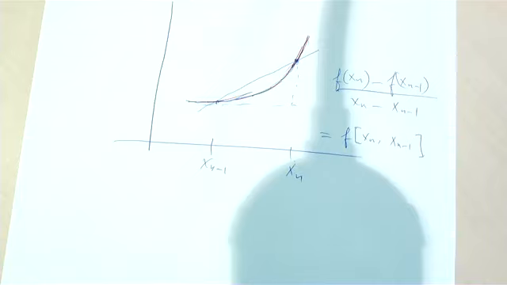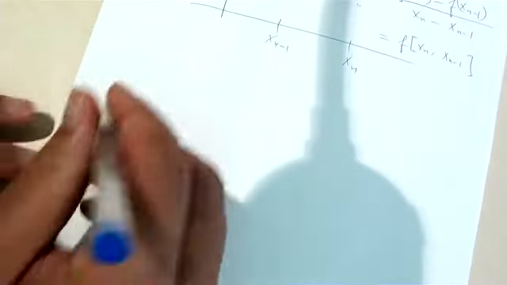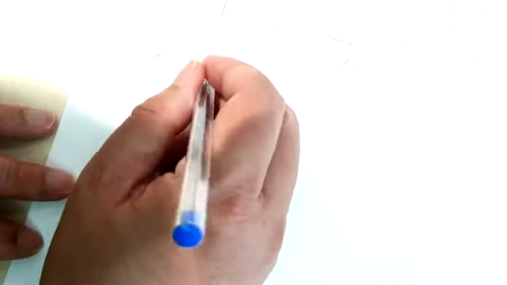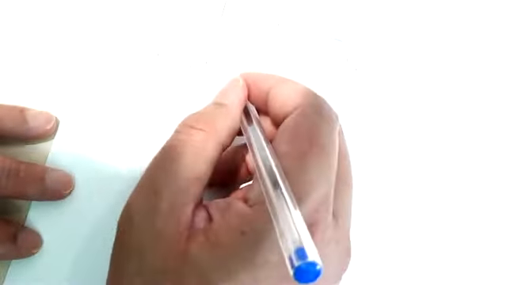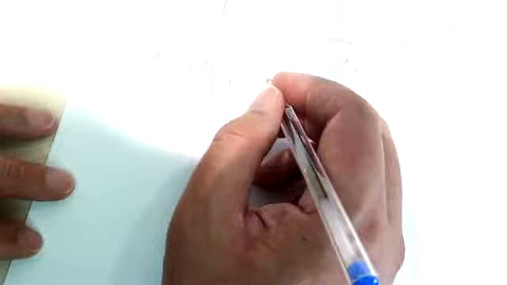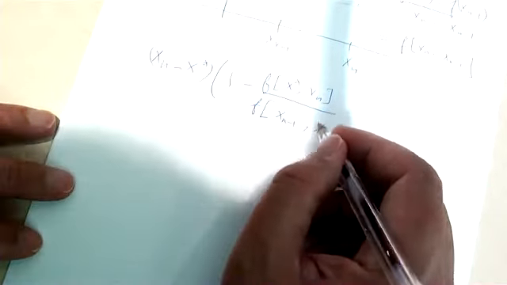Okay, so now how do I move from this term to this term? I have Xn minus X star, 1 minus F X star Xn over F Xn minus 1 Xn, right?